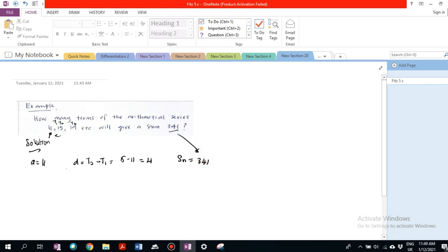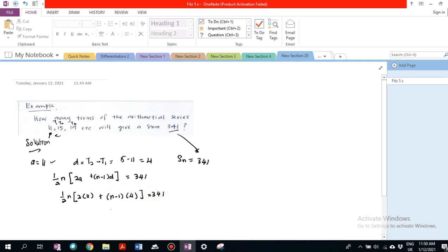We know that Sn, the summation, is equal to 341. Based on the previous equation, the sum is 1 over 2 n times 2a plus n minus 1 d. So here you have n over 2 times 2 times 11 plus n minus 1 times 4 equal to 341.